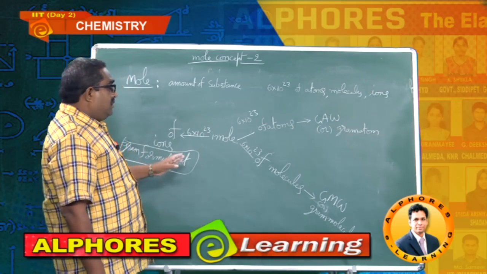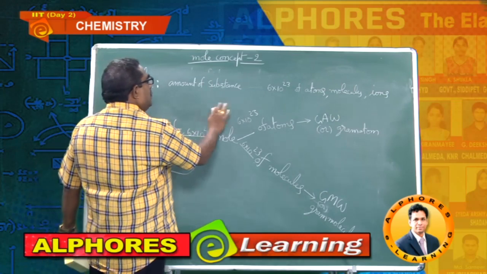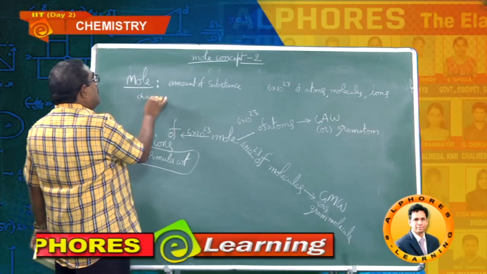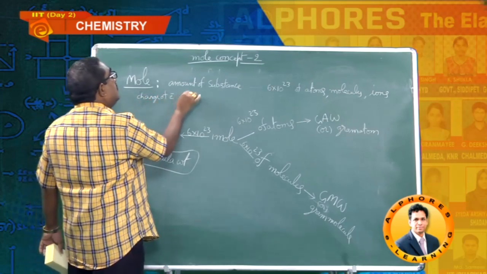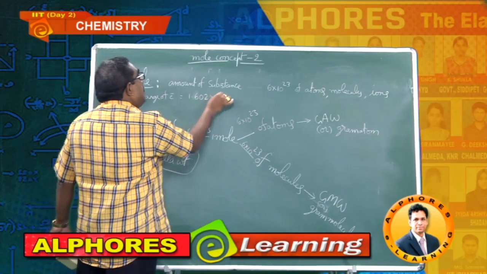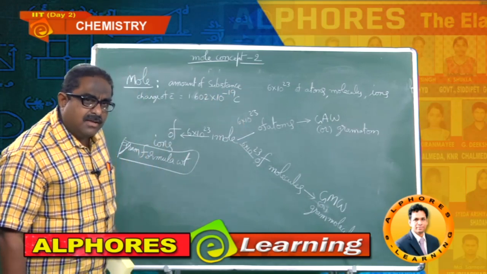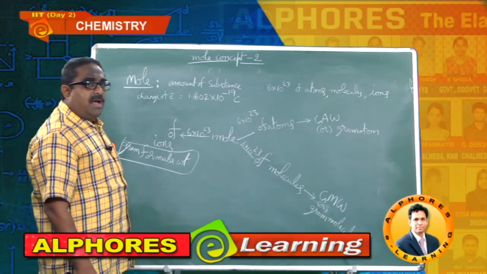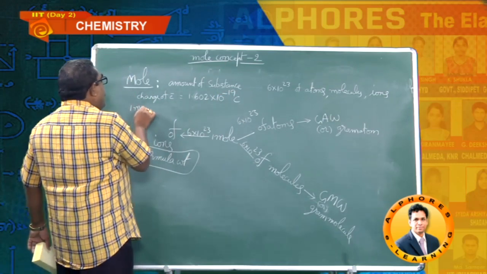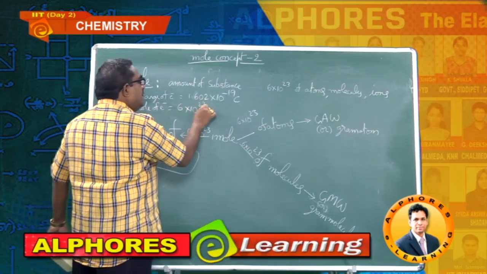Okay. Now suppose you take the charge of an electron. We know the charge of an electron is 1.602 into 10 power minus 19 coulombs. If anybody asks you to calculate the charge of 1 mole of electrons, again I am writing, 1 mole of electrons means 6 into 10 power 23 electrons.